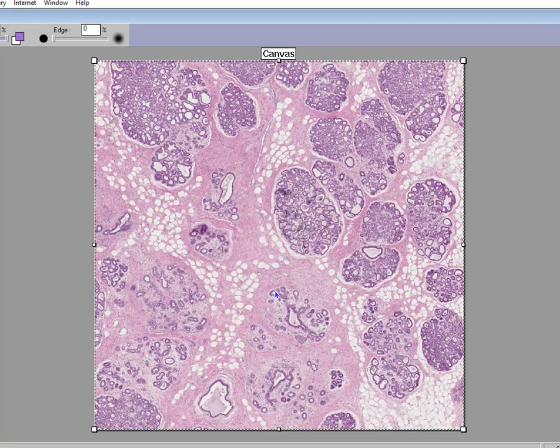Hey, it kind of looks like the other one, doesn't it? You got maybe a little more fat, these little white spaces, you got less connective tissue than we had on the other one, and you have more and perhaps bigger lobules. I say this woman probably has a higher estrogen level than the last slide that we saw.